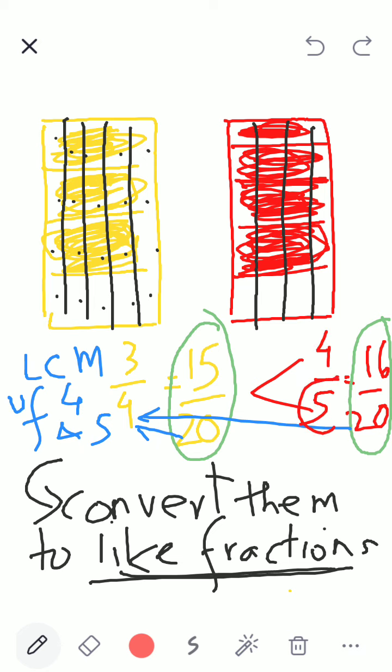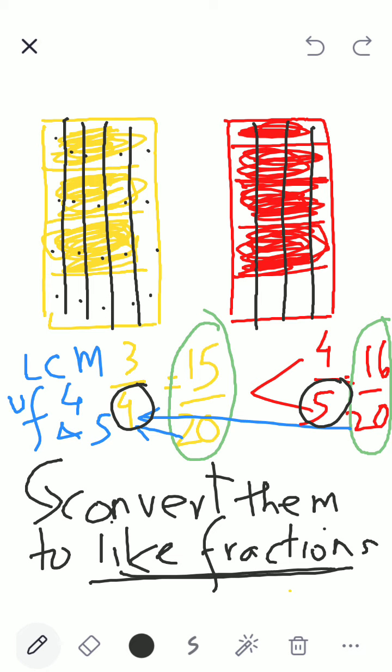So the two denominators which were there, I took their LCM. That is why I cut it into 20 pieces. The LCM of 4 and 5 was 20. Clear, children?